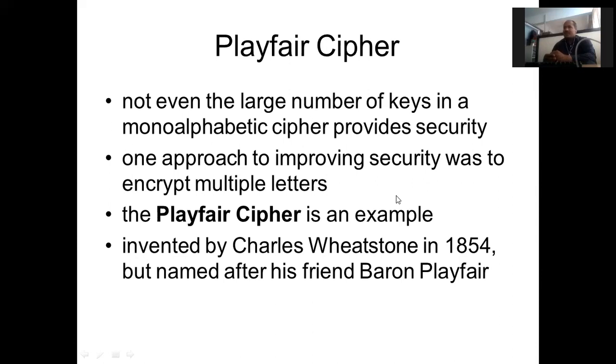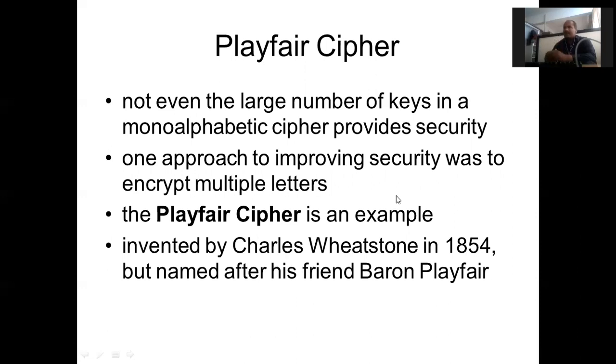Now, what is the speciality of the Playfair cipher here? In all the previous algorithms we have studied, we encrypted only a single character at a time, and we decrypted only a single character at a time.